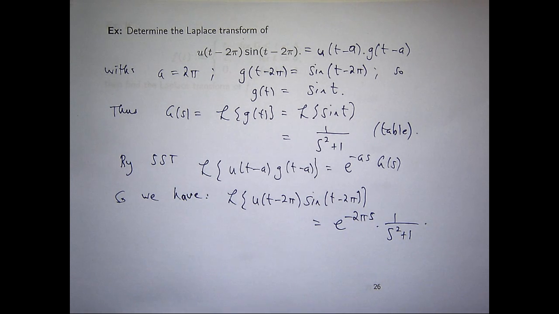Okay, any questions for that one? You can see that what I'm trying to do is make it very clear how I've calculated certain transforms and their inverse. Okay, if I'm using a table, then I'm saying so.